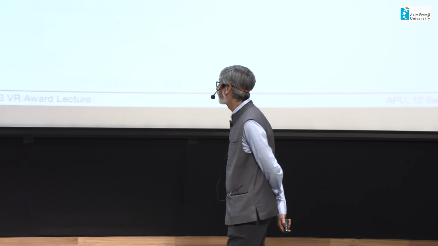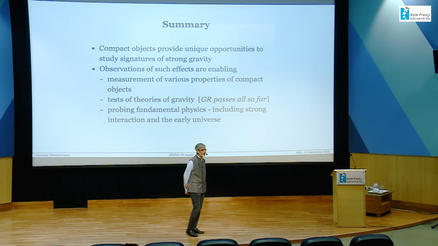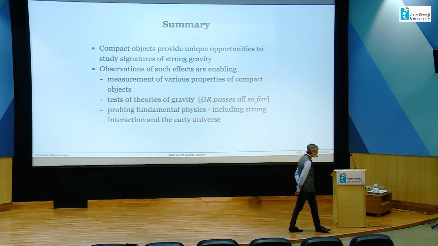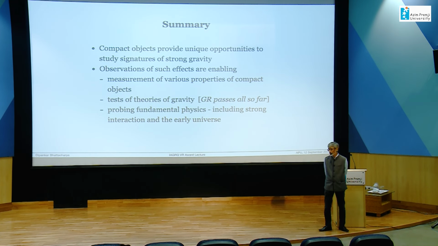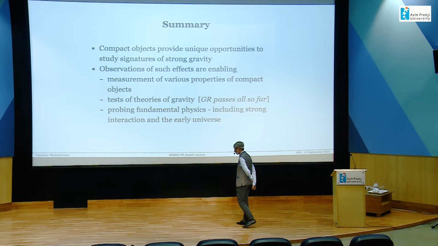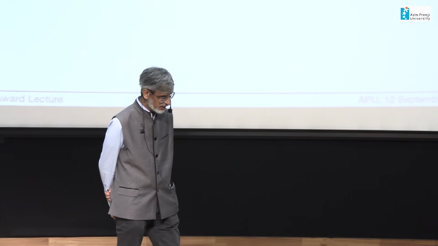So I hope I have given you a flavor of various kinds of strong gravity effects that we both see near compact stars or use compact stars to explore. They are very good candidates for observing such signatures.